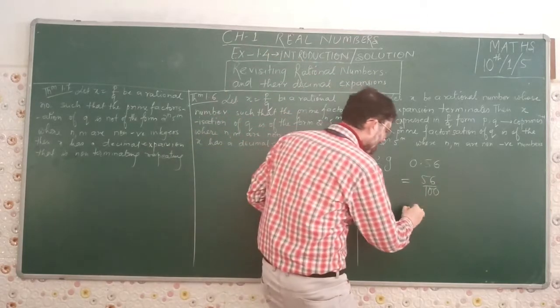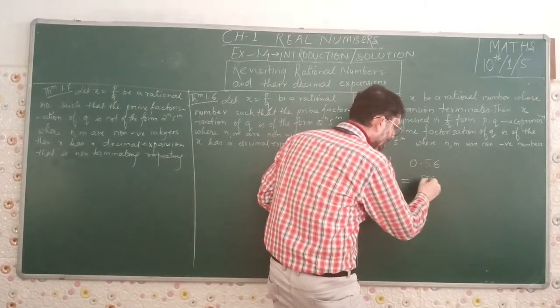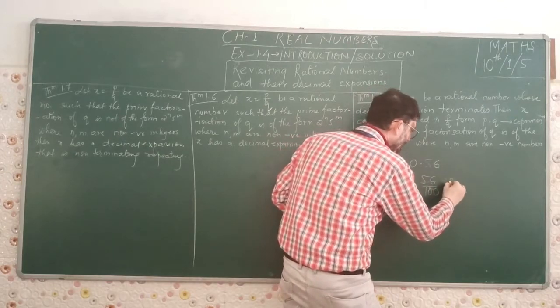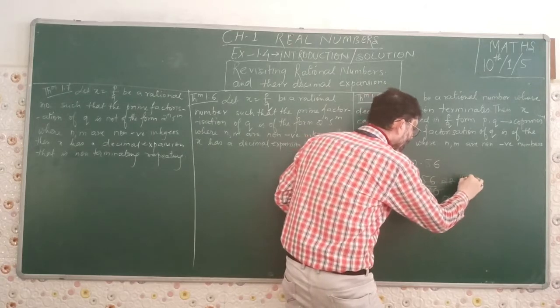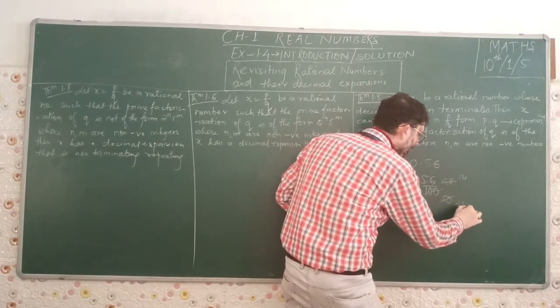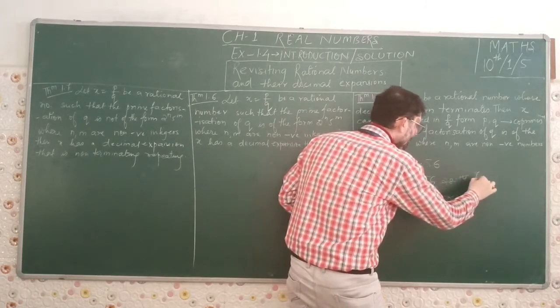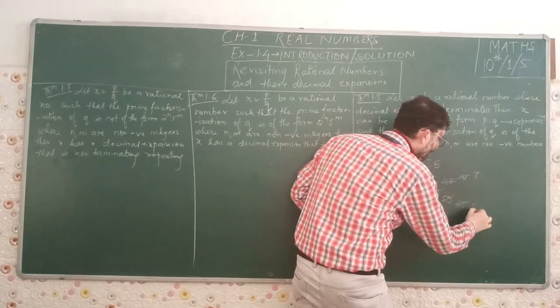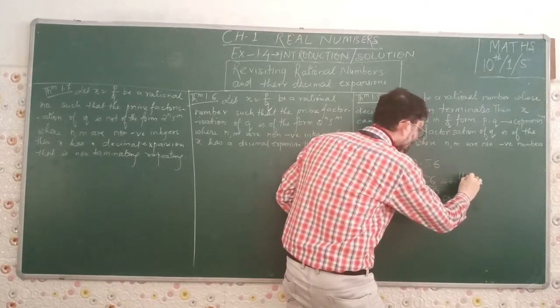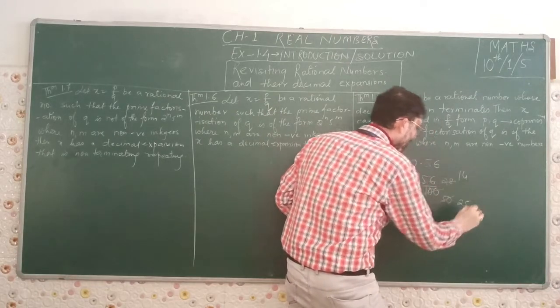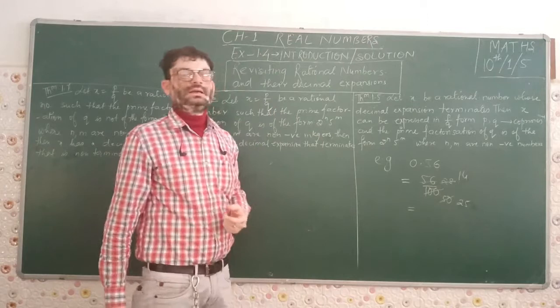If you simplify it, then you get 28, then 50, then 14 and 25, then 7 and then sorry, 28, 14 and 25. No, it cannot be cancelled.